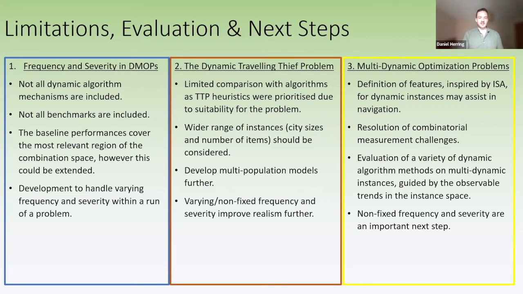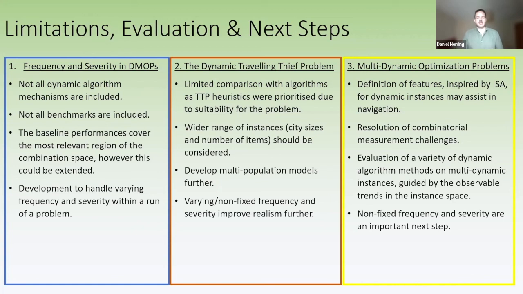For the dynamic traveling thief problem, further development of the multi-population models, the development of existing heuristics to better handle the dynamic changes, and the exploitation of the drop rate parameter, for example, in its definition, for clever solution construction are all remaining tasks. For the multi-dynamic problems, development of an effective approach to instance selection and the potential application of instance space analysis techniques, defining features, for example, may assist in guiding experimentation further.